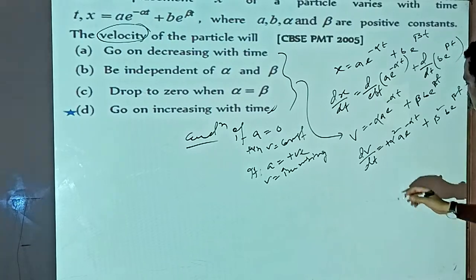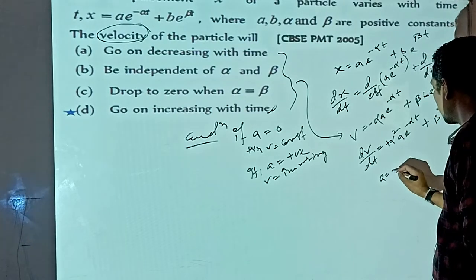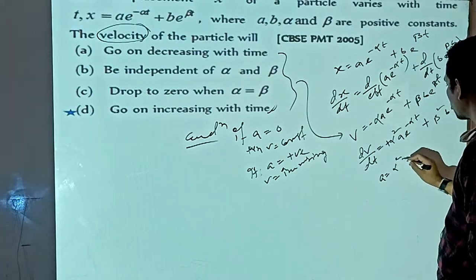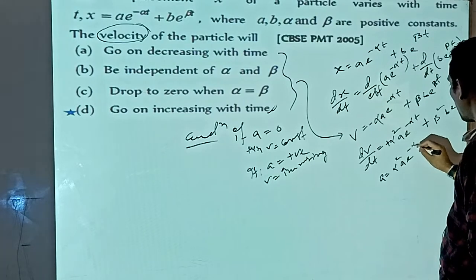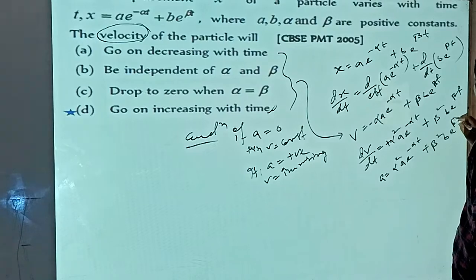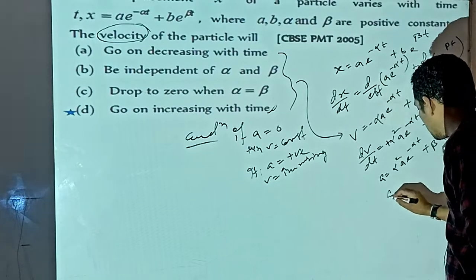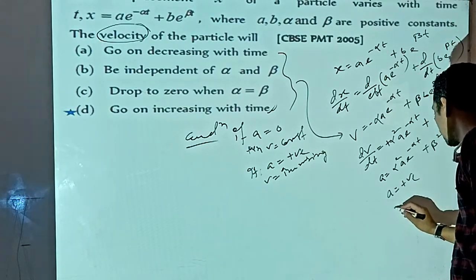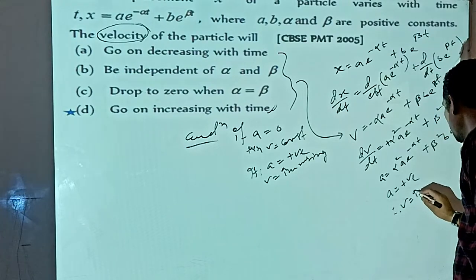Okay, so this is your acceleration. The value of acceleration is alpha square a e to the power minus alpha t plus beta square b e to the power beta t. So since a is positive, therefore velocity is increasing.